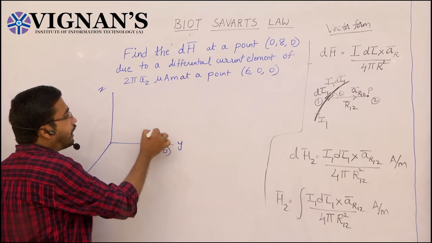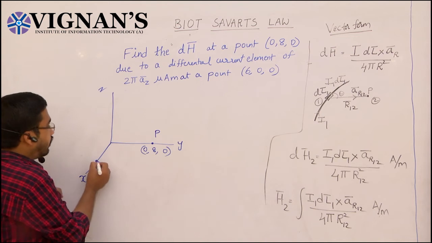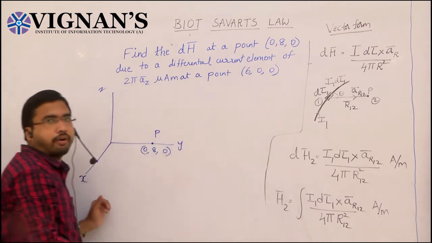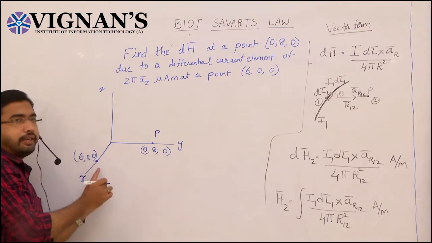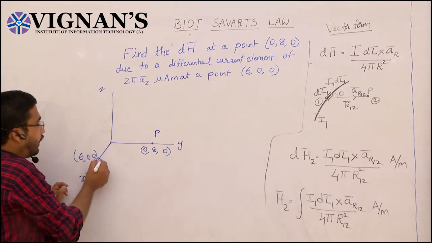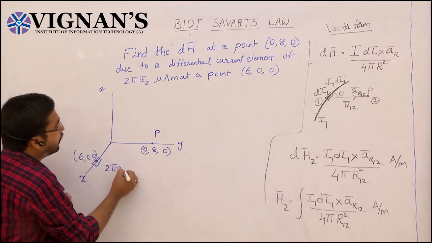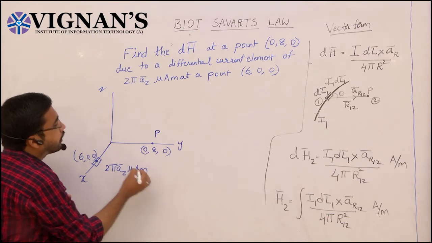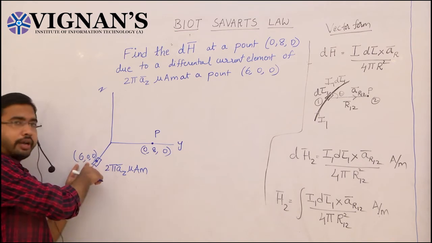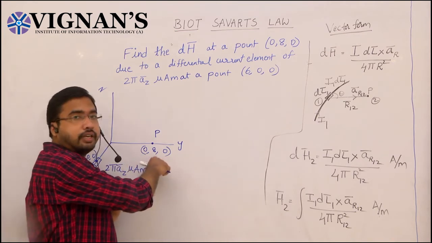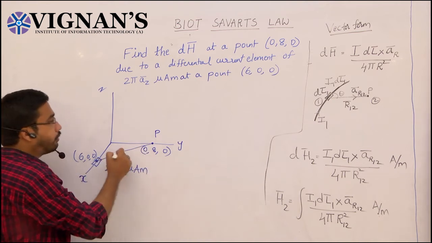At this point, I need to find the differential magnetic field intensity. Now 6, 0, 0 is a point purely on the X axis. At this point, they have given you one differential current element which is equal to 2 pi az bar micro ampere meter. Due to this differential current element, we need to find the magnetic field intensity at the other point. That means the direction will be towards your point P.